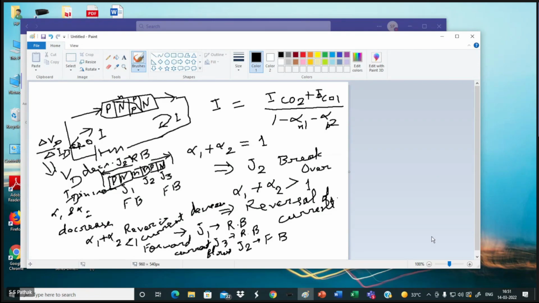I move to the second part, where I explain once again what is the meaning of the gate. If I put a gate here, this is your anode gate, because at P we call it anode. If I am putting a gate here, this will be your cathode gate.